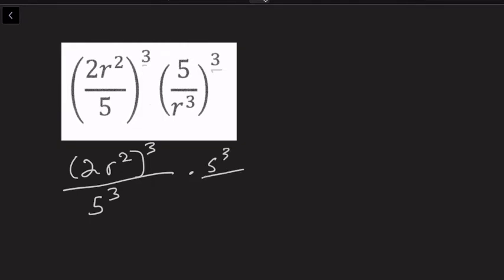For this next one, what I want to do is distribute these exponents into the top and the bottom so I could separate them essentially. So what I'm going to do, I write a little parentheses, 2r squared to the 3rd over 5 to the 3rd times 5 to the 3rd over r to the 3rd, small parentheses, 3.